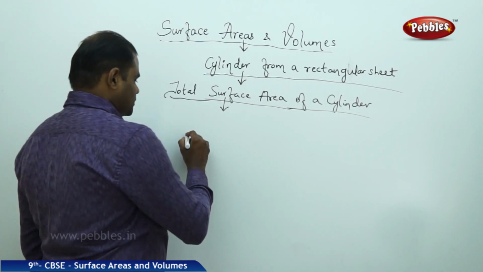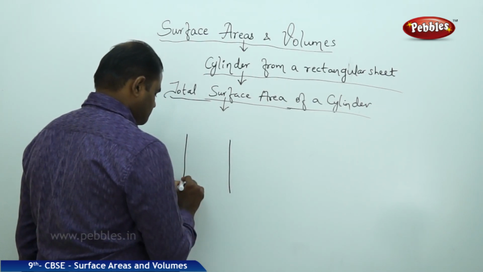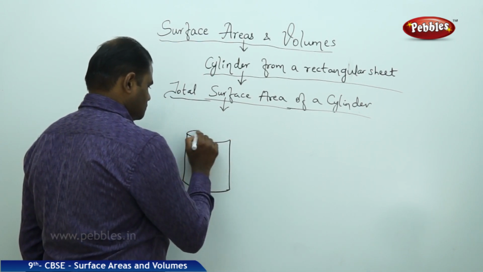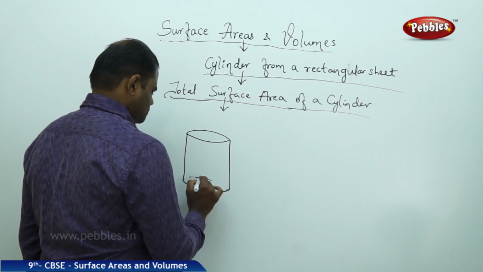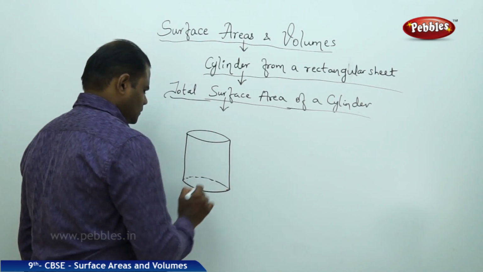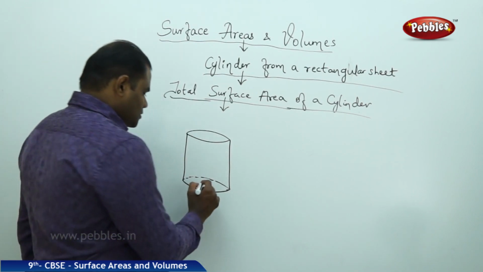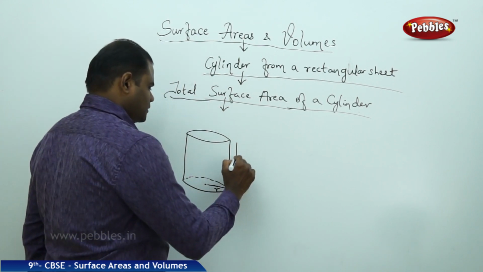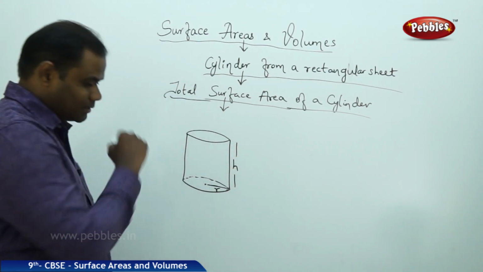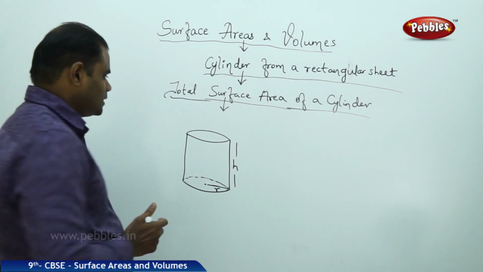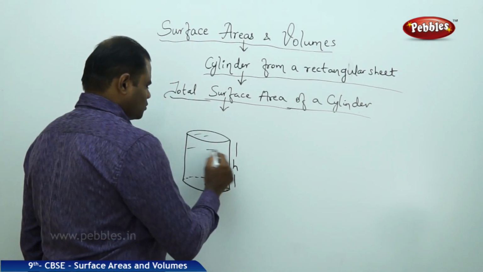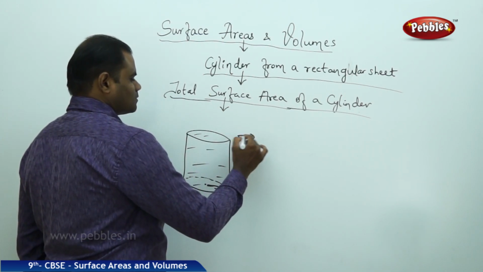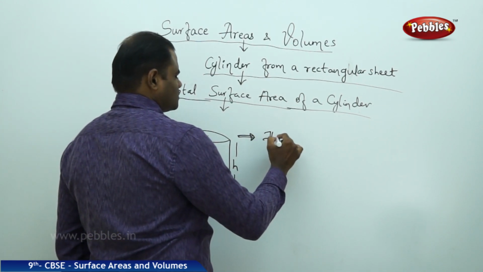So imagine I take a cylinder, and the radius of the cylinder, say, is r and the height is h. Now the difference is that this cylinder is closed both at the top and bottom. So this is a closed cylinder.